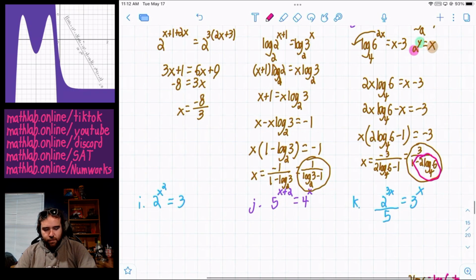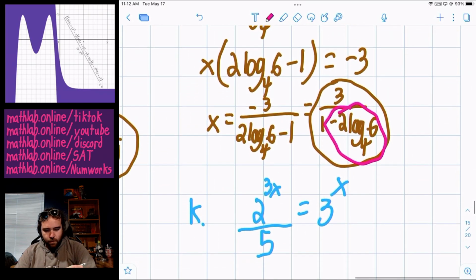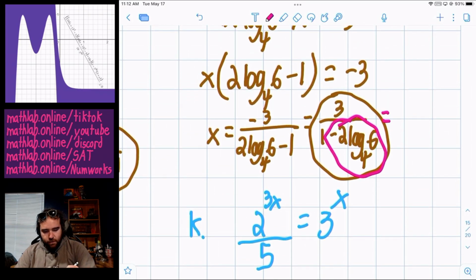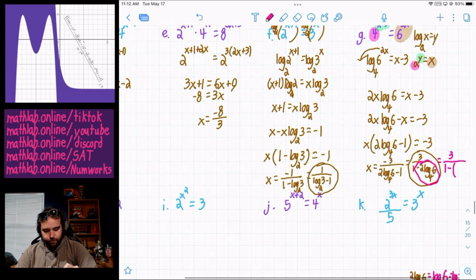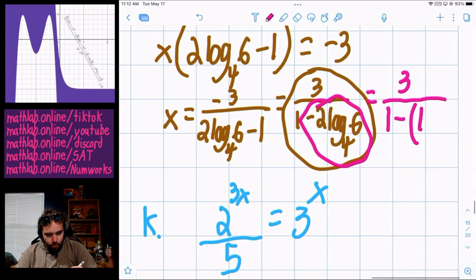And the reason that's so nice is because now what I'm going to have here is 3 over 1 minus log base 2 of 3 plus 1.